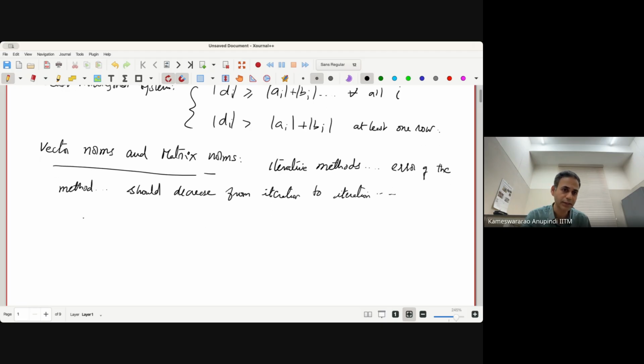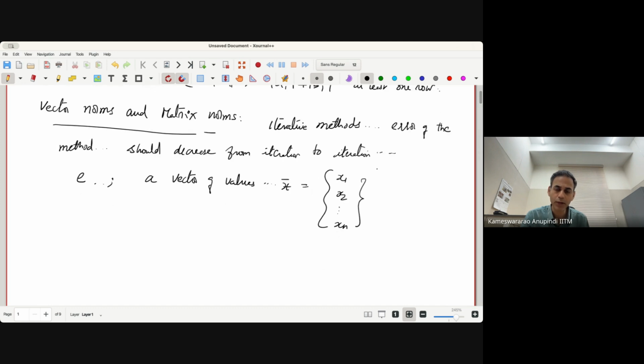If the error is defined as a single value E, then we can easily calculate it and show that it decreases. However, say we have a vector of values whose error we have to calculate. Let us say you're working with some X bar, which has values X1, X2, all the way to Xn, evaluated at one iteration, call it 1, and then also evaluated at a later iteration, call it 2.